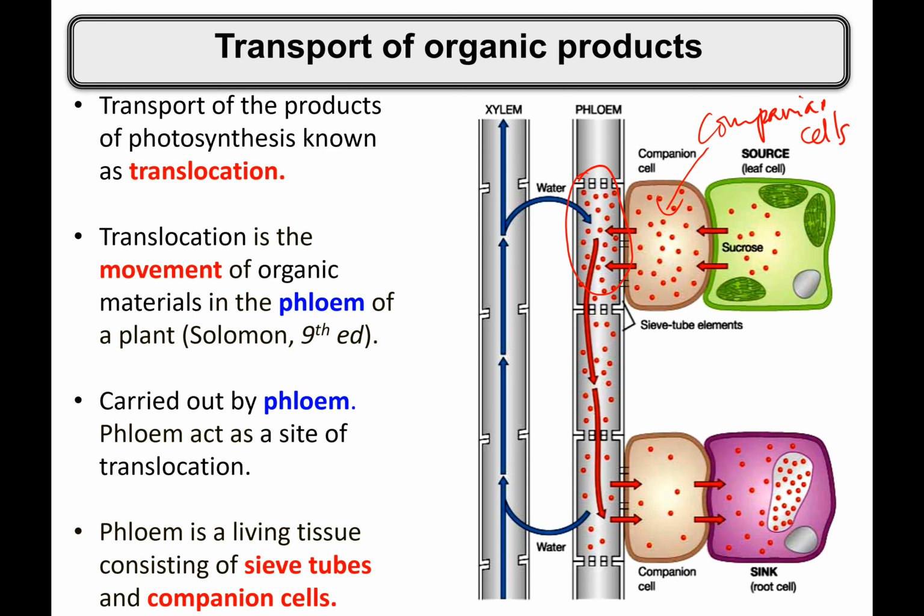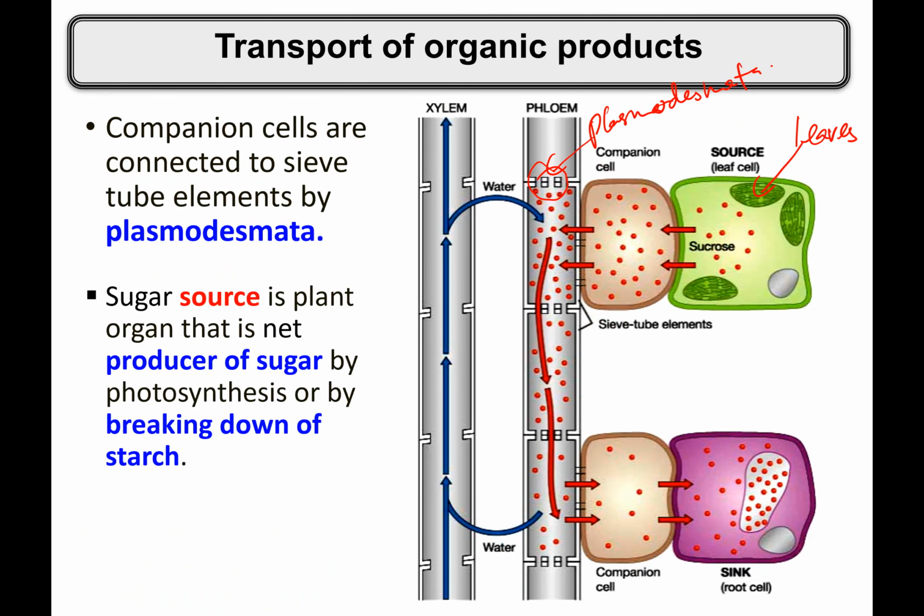And then, companion cells are connected to sieve tube elements by plasmodesmata. From the diagram, you see the plasmodesmata structure. Try to imagine: plasmodesmata is the specific region that allows substances to move through it.